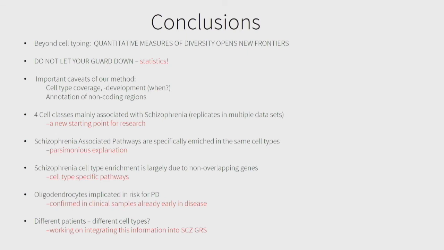And one thing that we're working on now is the possibility that different patients have different cell types affected. And we're seeing whether integrating this kind of information could affect the genetic risk score work. But that's early days too.